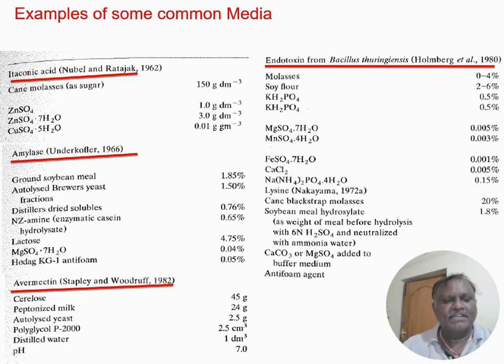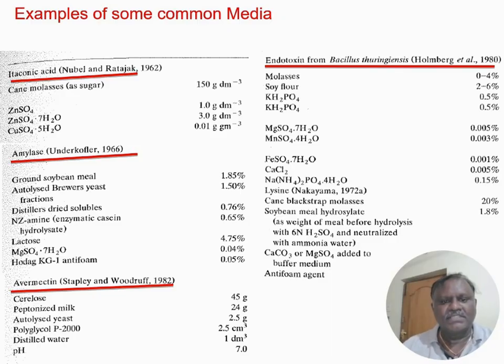You see on the right side each and every component involved in a particular fermentation medium, given in grams per decimeter cube. And some of the fermentations talk about the percentage of the components present in the fermentation medium. Similarly for endotoxin, this is an endotoxin from Bacillus thuringiensis.